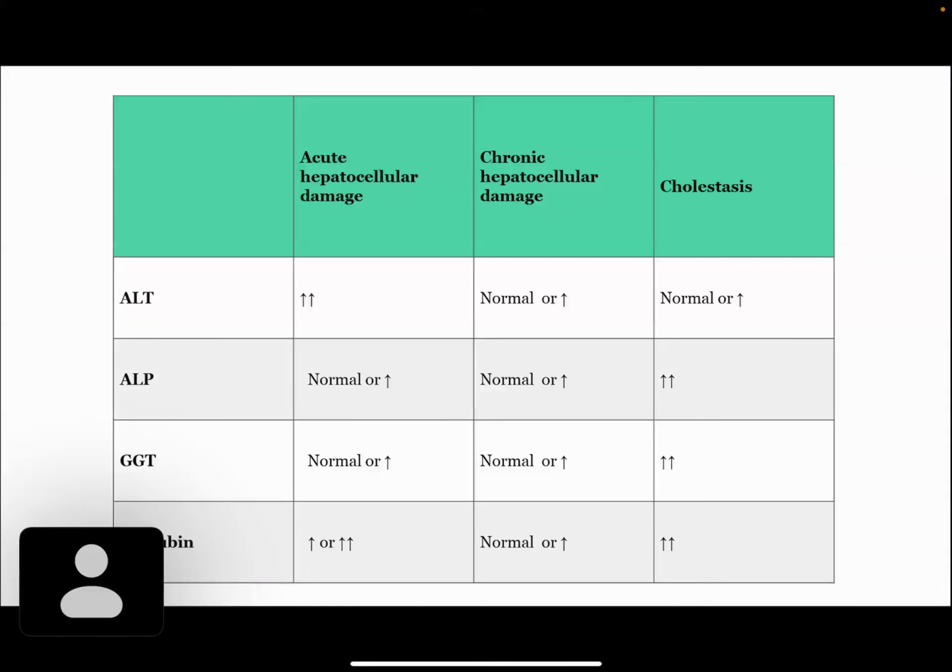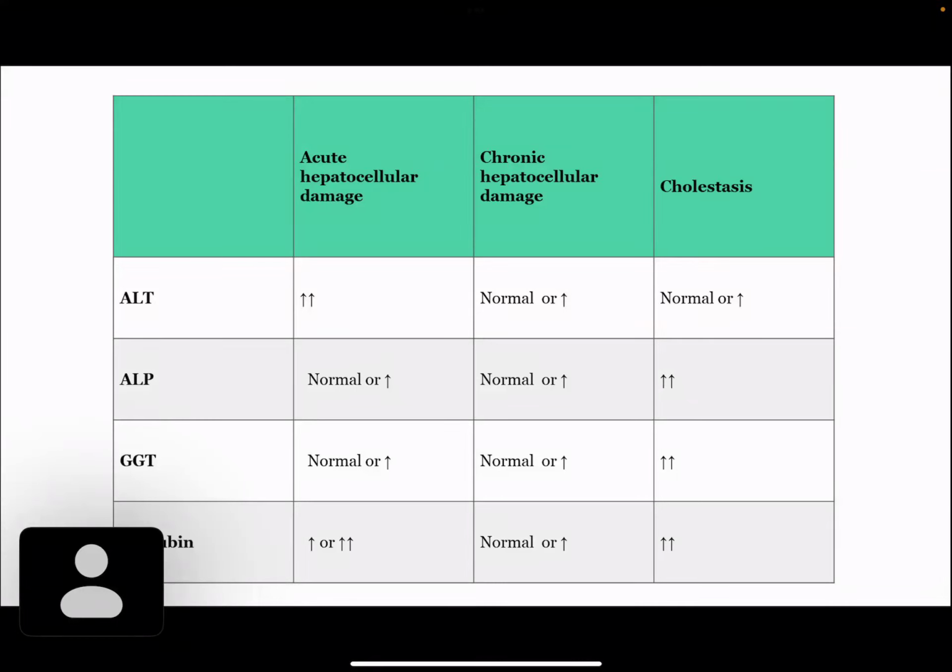While in chronic hepatocellular disease, the level of ALT is either normal or mildly elevated. In cholestasis, the transaminases are also either normal or mildly elevated.